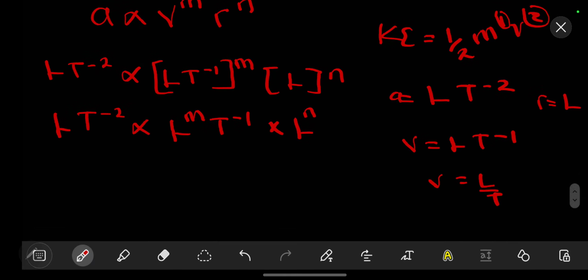Then from here, we have L t raised to the power negative 2 for acceleration. We want the values of m and n. So it should be proportional to, we have our L, then we have our m. L is to the power 1. As long as we are multiplying, we can add the powers, so we have plus n. Then we have our t raised to the power -1, like that.